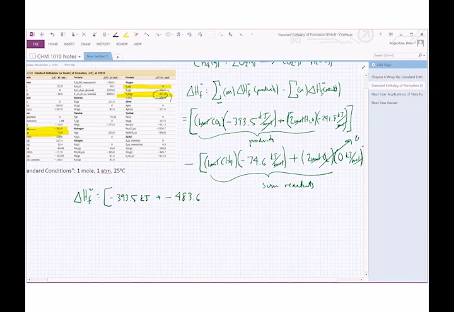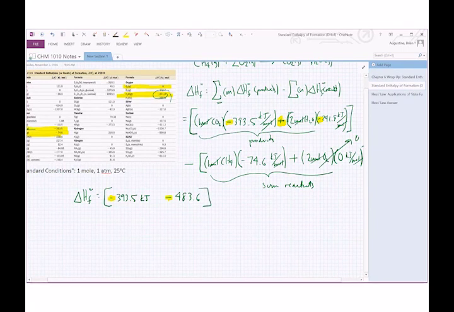Now, caution, there's a plus sign right here, there's a negative sign right here, and a negative sign right here. You've got to keep track of these negative signs. In fact, I'm going to get rid of that plus sign to remember it's a negative 393 and negative 483. That's the hardest thing about this, keeping track of these negative signs.